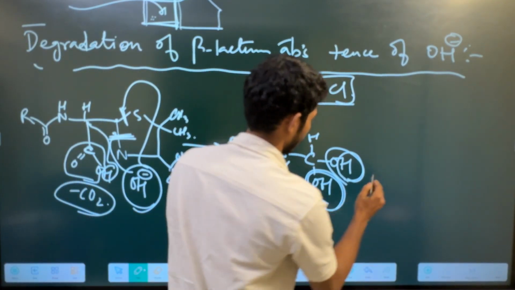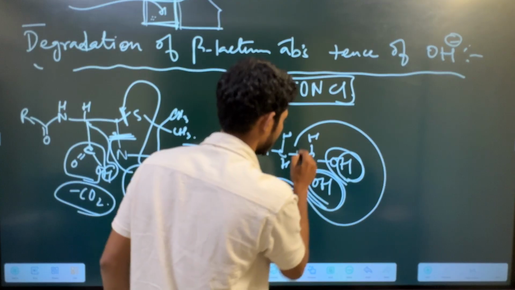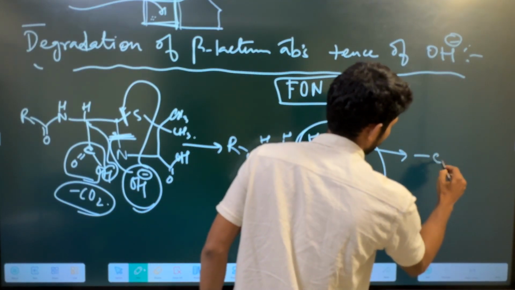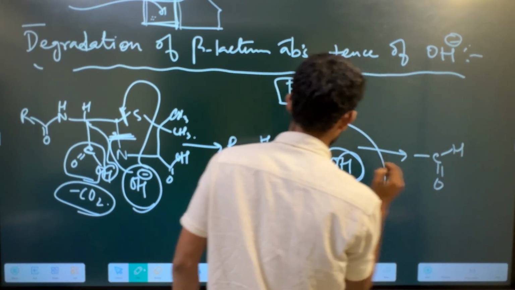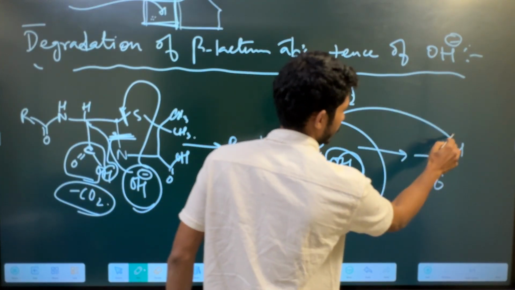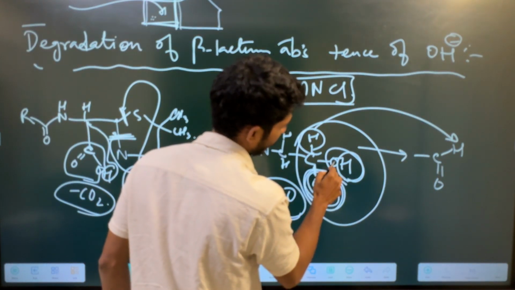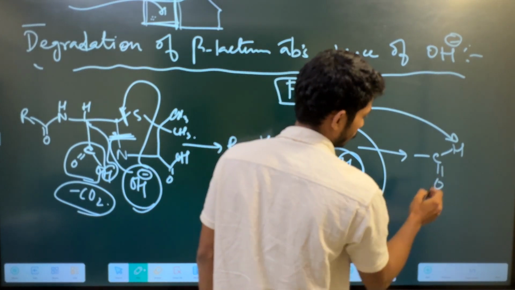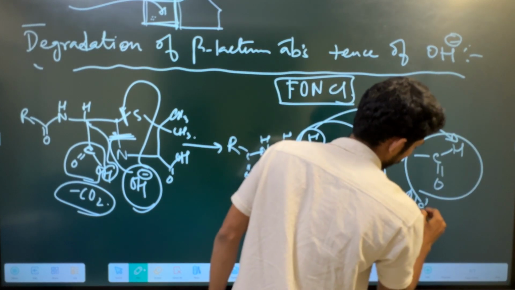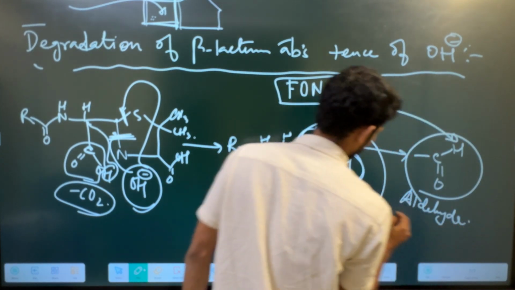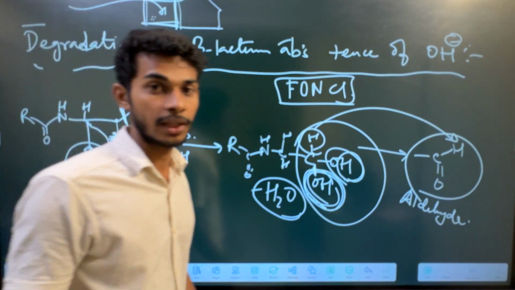What will finally form? That one you see like that. C double bond O, single bond H will be there. This single bond H went there, and from there one OH is gone, then one bond is there. This bond will be connected with the oxygen. So C double bond O. That is called aldehyde. So today it is called penilloic aldehyde.